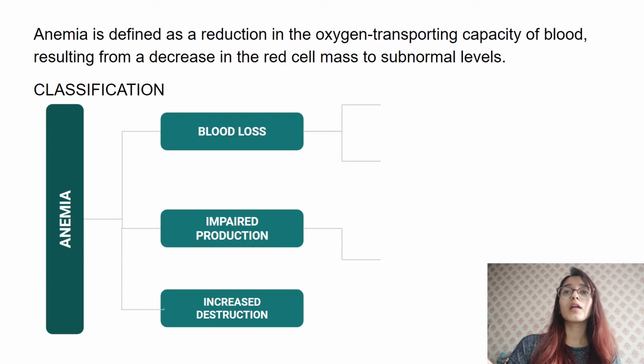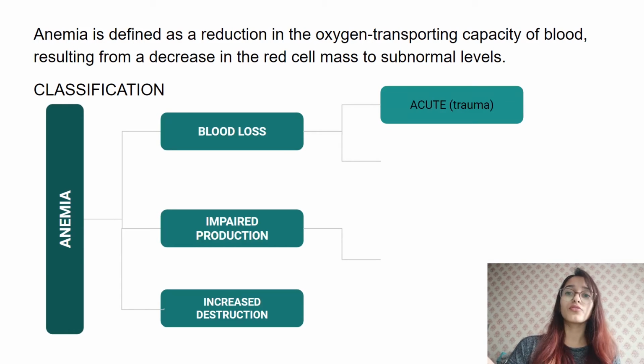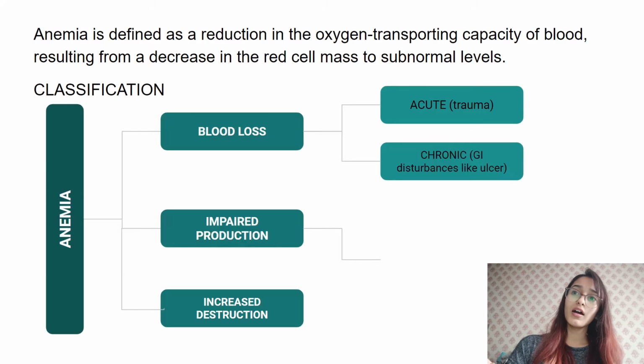Blood loss can be acute, for example in trauma, or it can be chronic. Chronic, the most common example is gastrointestinal disturbances like an ulcer.